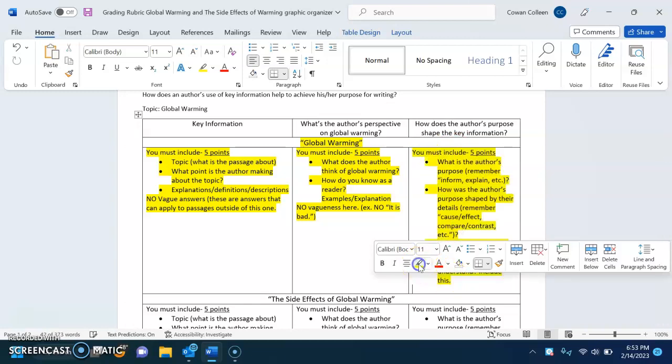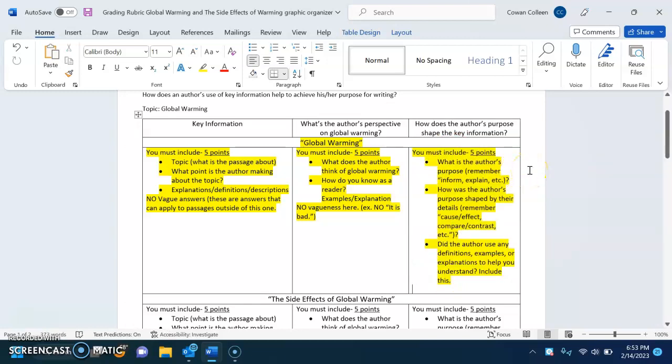Now, how does the author's purpose shape the key information? Little bit of information here as well. You must include for the 5 points: What is the author's purpose? Remember, maybe he's trying to give you information about something, to explain something, to try to teach you something. What is the author's purpose? Now be specific here. Don't just say give information about stuff. You need to be specific.